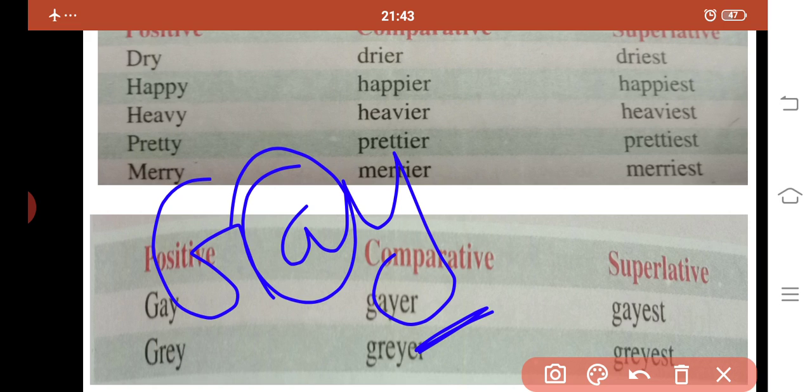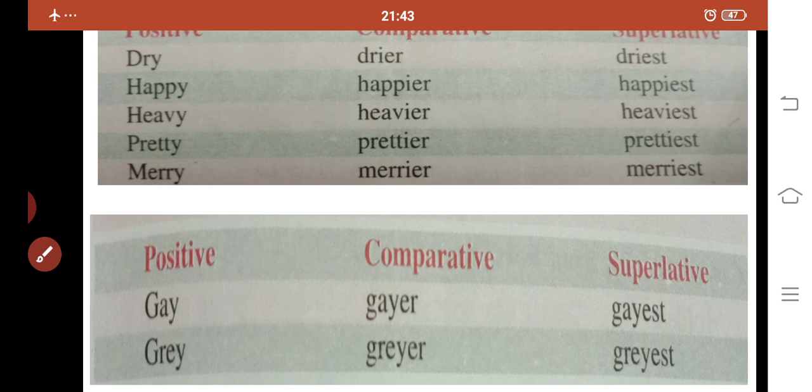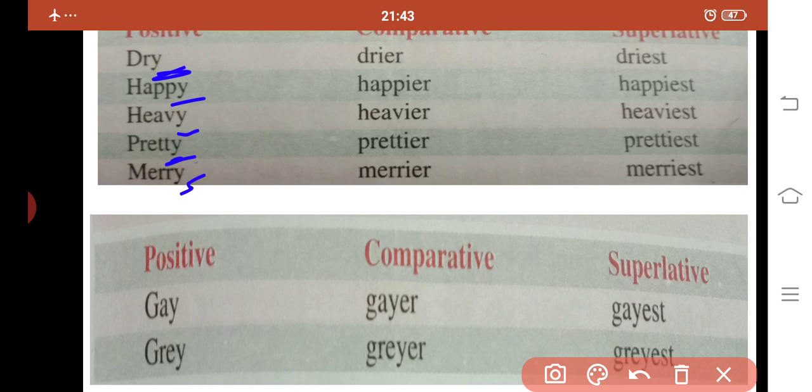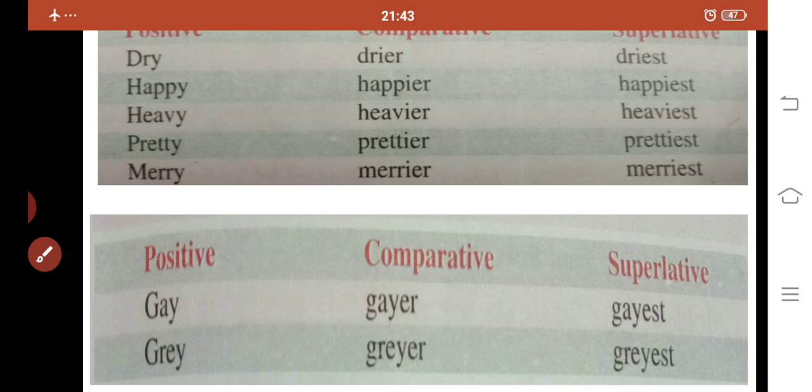But in this case, this Y is preceded by a consonant, so we are changing this Y into I. But in this case, this Y is preceded by a vowel, so we need not change it into I. We just keep the word and add ER in the comparative form and EST in the superlative form.